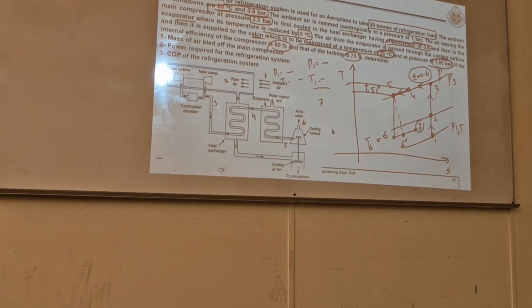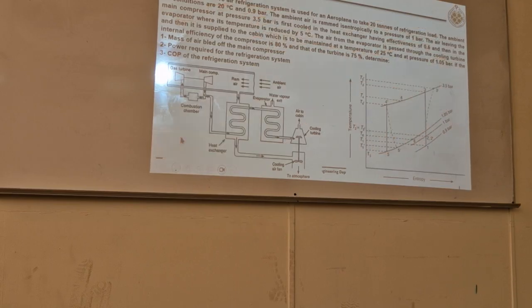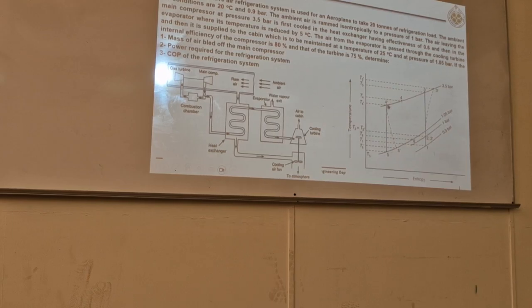Okay, I will solve. The solution is here. I will do it in the tutorial class. I will complete it. Okay, here is the second T-S diagram. He is not using 4, he is using 4 dash. 1, 2, 3, 4. Now he is not using 5. He is calling it 4 dash after evaporator.